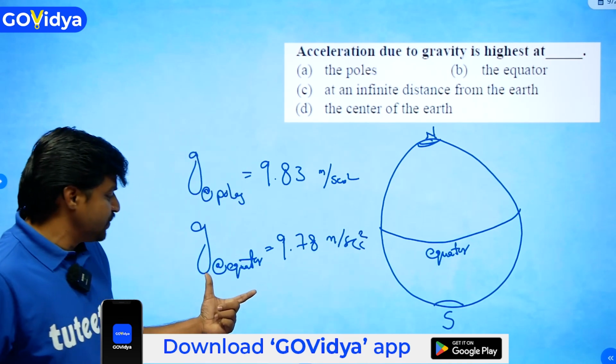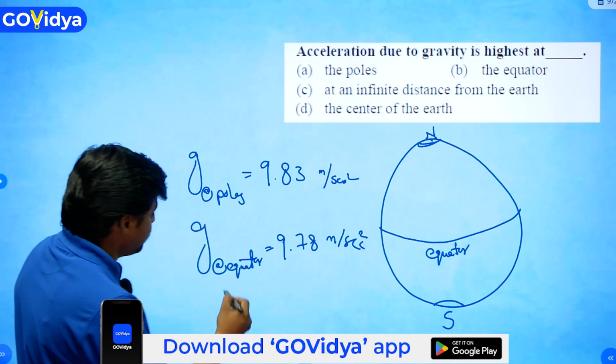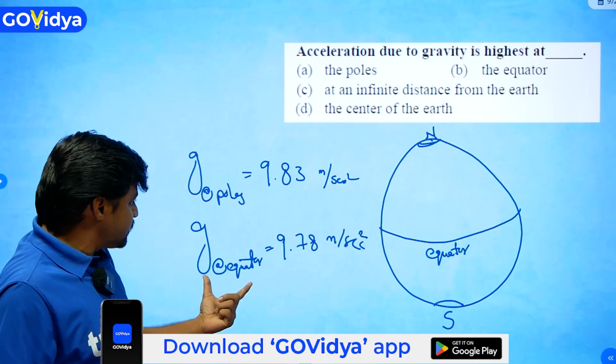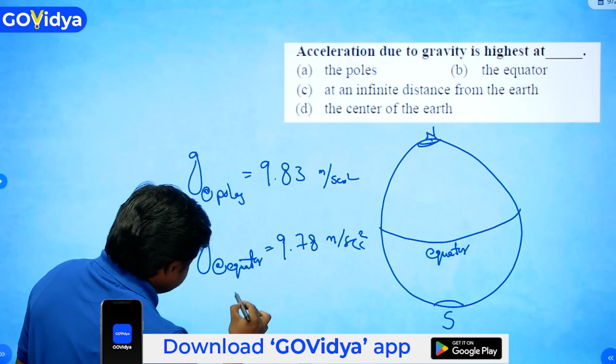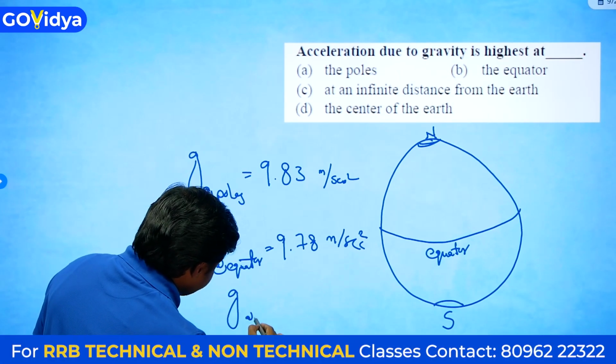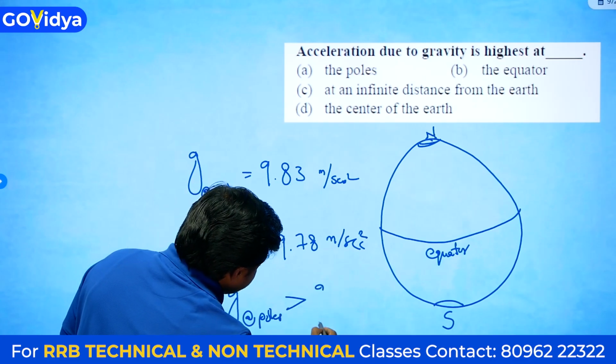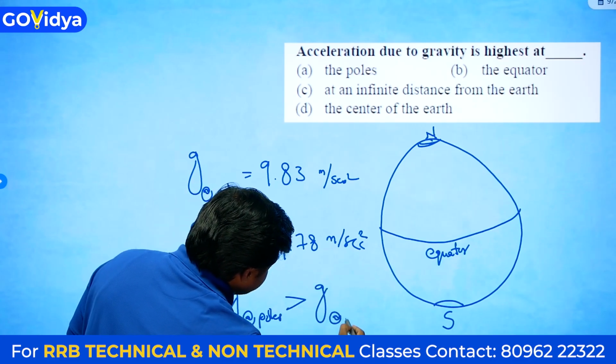Acceleration due to gravity at poles is greater than acceleration due to gravity at equator.